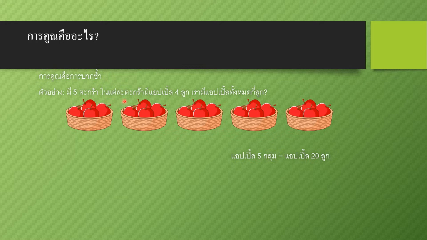There are 5 baskets. In each basket has 4 apples. How many apples do we have altogether?